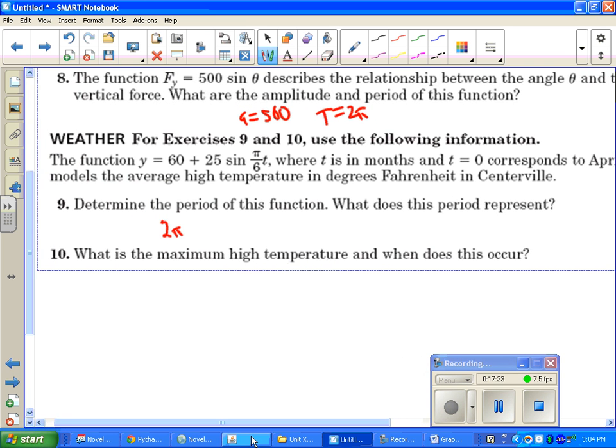Okay. So, yeah, the period is 2 pi over pi over 6. Well, remember, dividing by a fraction is the same as multiplying by the reciprocal. The pi's are going to cancel out, and really you end up with 2 times 6, which is 12. So there's your period.